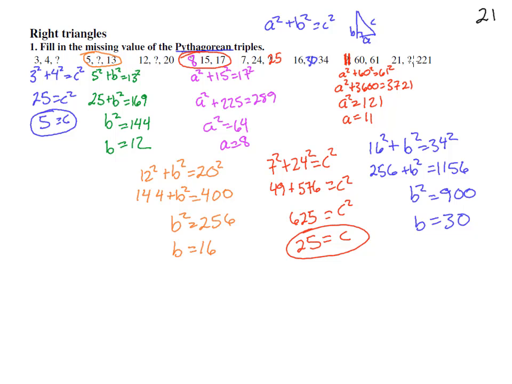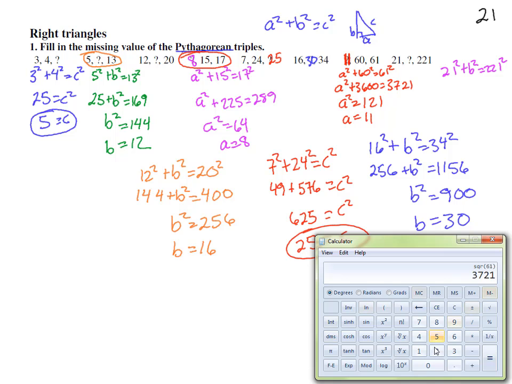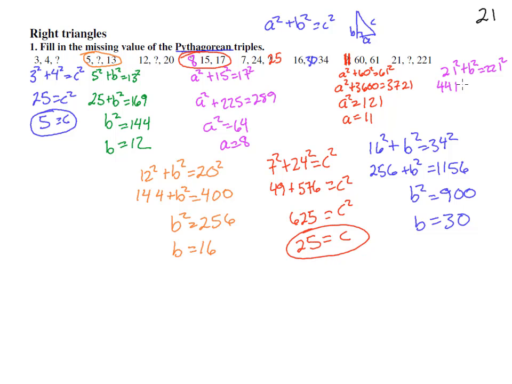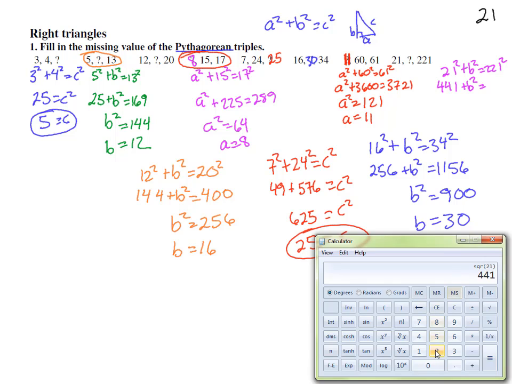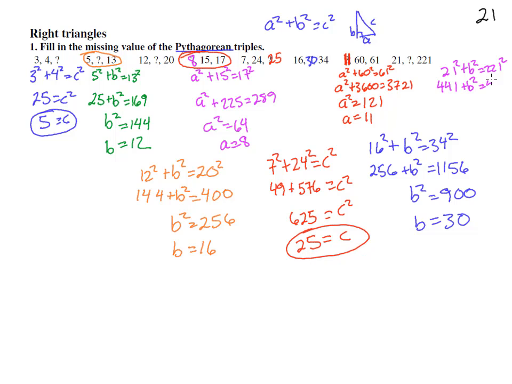Okay, and the last one. This is 21, blank, 221. So we get 21 squared plus b squared equals 221 squared. Wow. Okay, so 21 squared is, let's make sure we get that one right, 441. 441 plus b squared equals 221 squared, which is 48841.